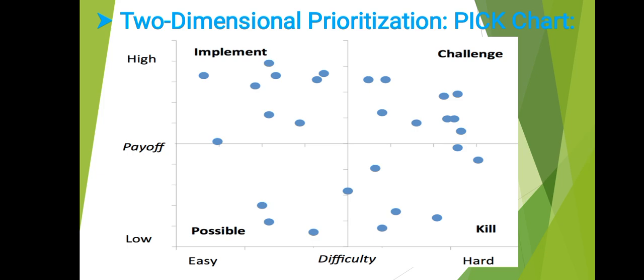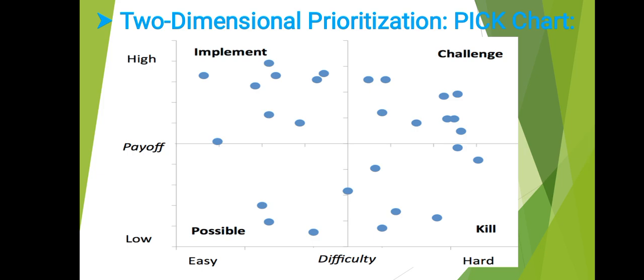Now you see this is again a statistical study. So this is a chart which helps visualize tools for organizing ideas. It helps groups or individuals to identify which ideas can be implemented easily and have a higher payoff. So here you see there is implement, challenge, kill, and possible. Now the dots, I guess they represent, the more consistent the dots are in the specified block.